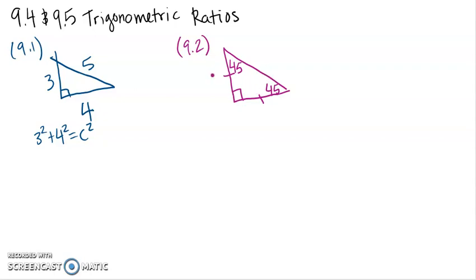If we were given that this side were 7, then we could follow the patterns, because if it's one of the special right triangles, we know some things about side lengths. So we could follow patterns to get that this other side is 7, and this one here is 7 root 2. We could still do the Pythagorean theorem to get there, but this is much faster.